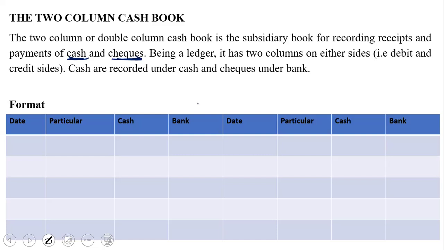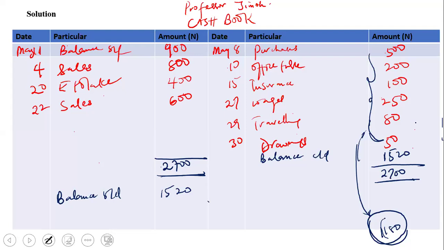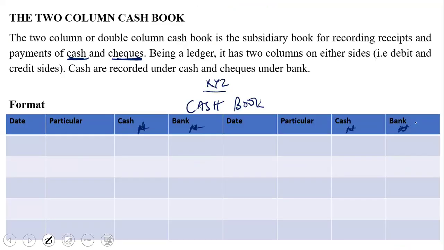You can see here we have our cash book. Don't forget the name of the column is very important. And when it comes to a two column cash book, the currency must be properly written. I think here we have the Naira up there.